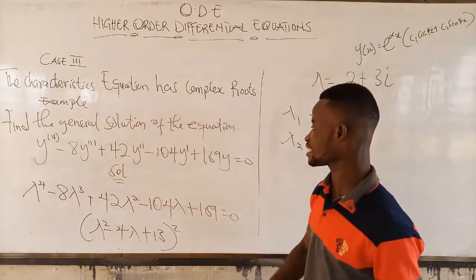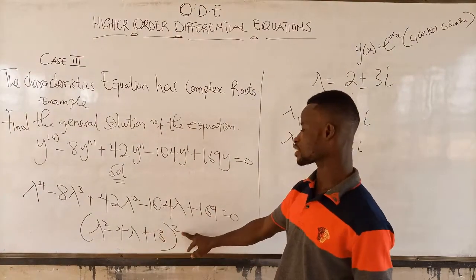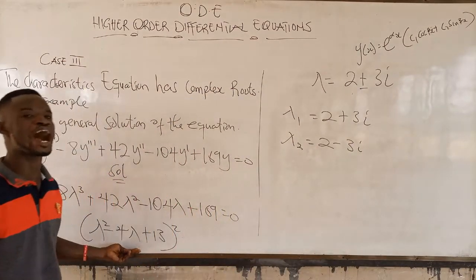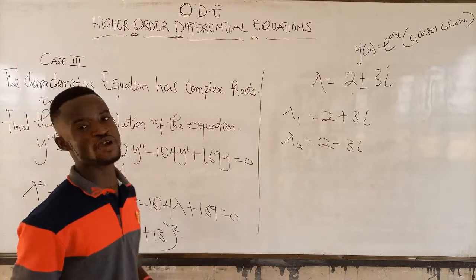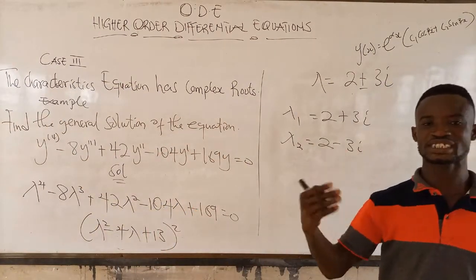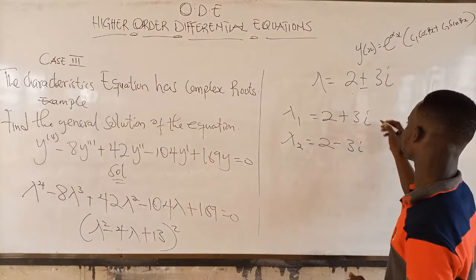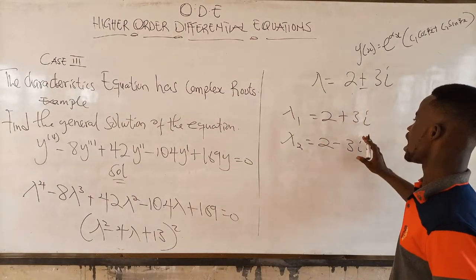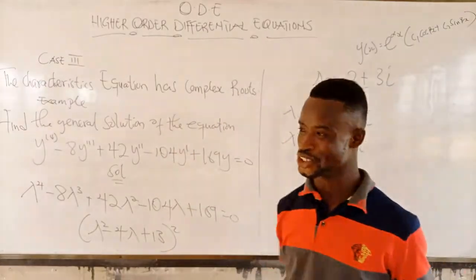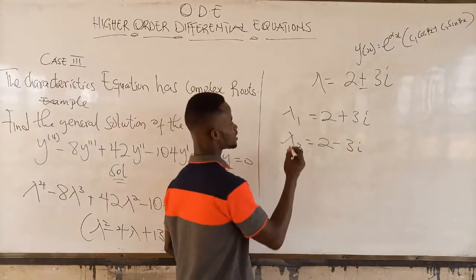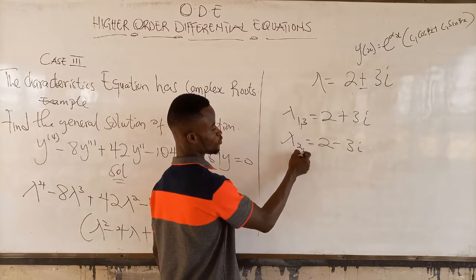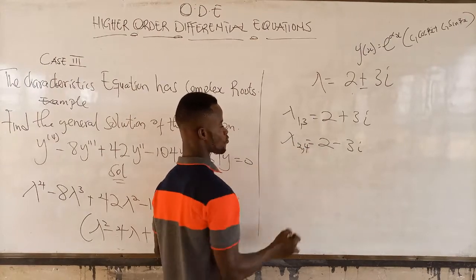But don't forget, when this simplifies to this, we get all our 2. So what this means is that any solution that comes out from this is going to have a multiplicity of 2. So this will have a multiplicity of 2, and this is also going to have a multiplicity of 2. Very good. So this can be the solution for 1 and 3, and this is going to be the solution for 2 and 4.